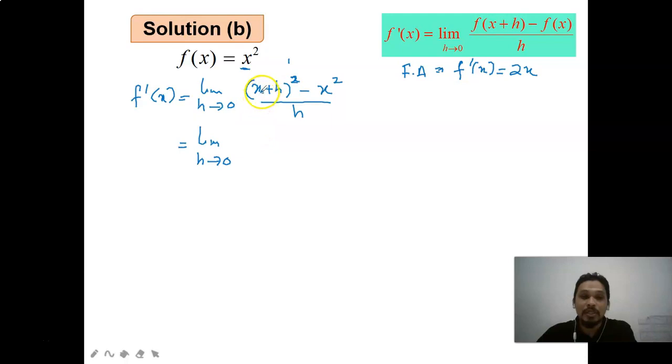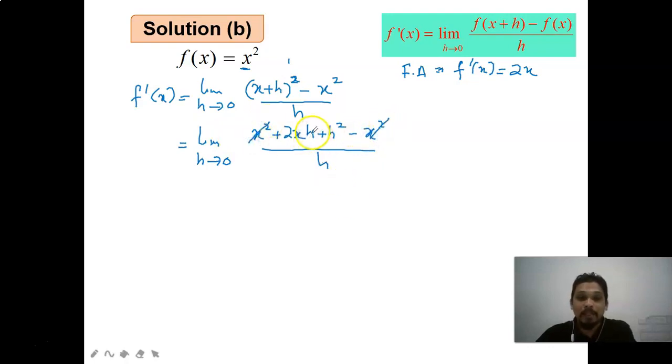Slowly, (x plus h) in brackets squared is x squared plus 2xh plus h squared, minus x squared, and everything divided by h. x squared minus x squared.